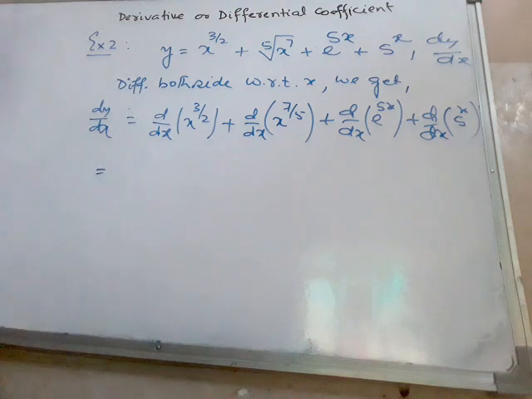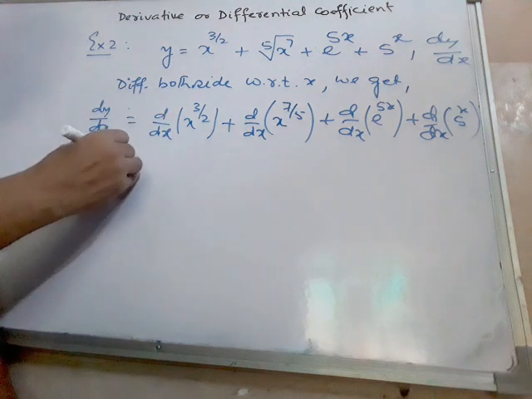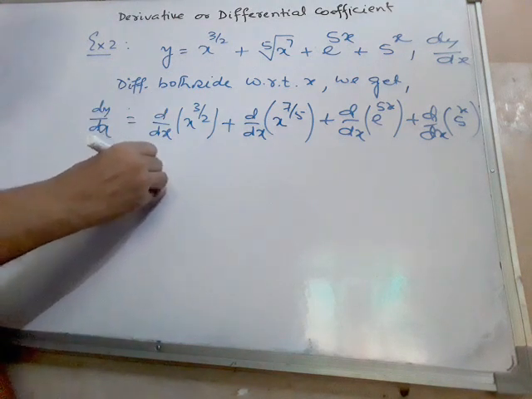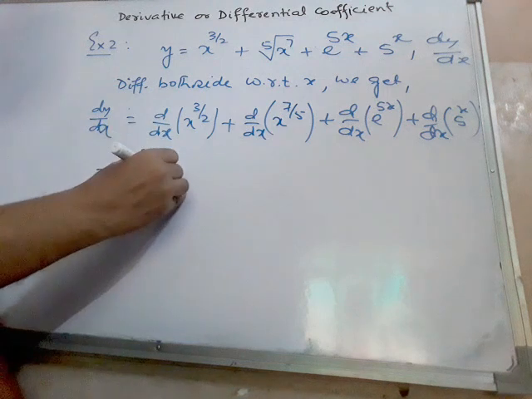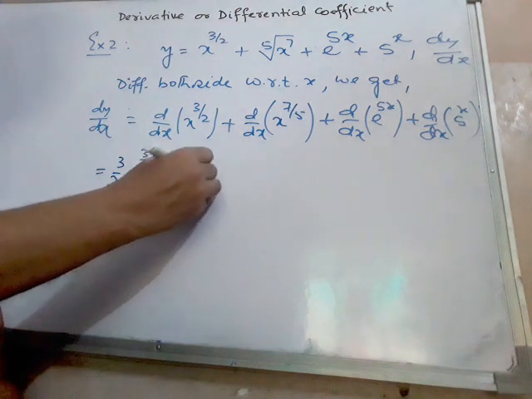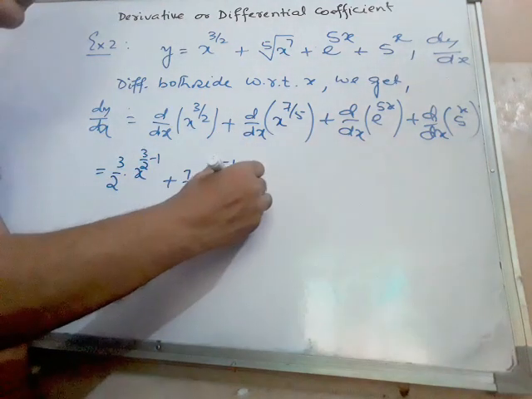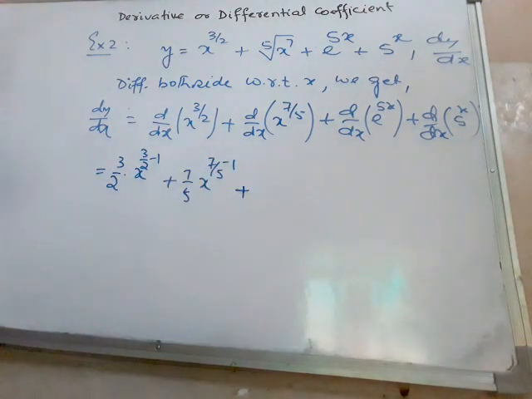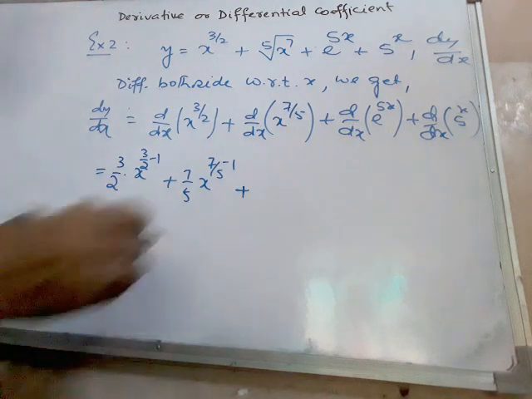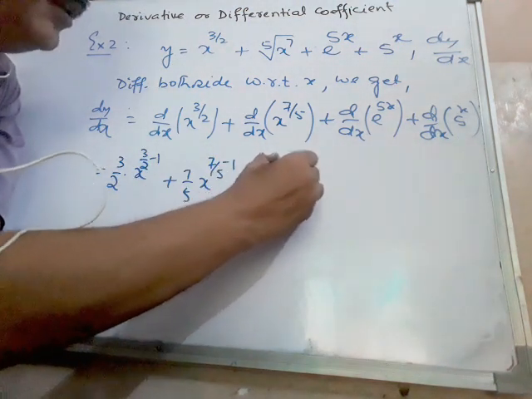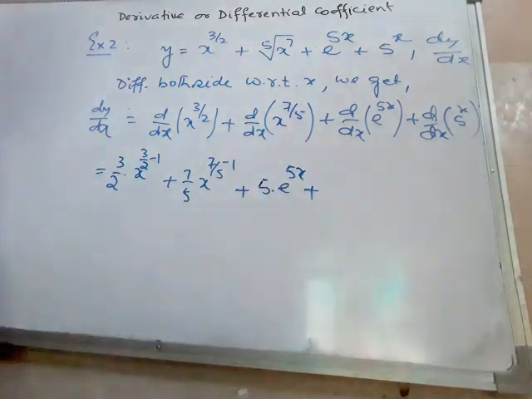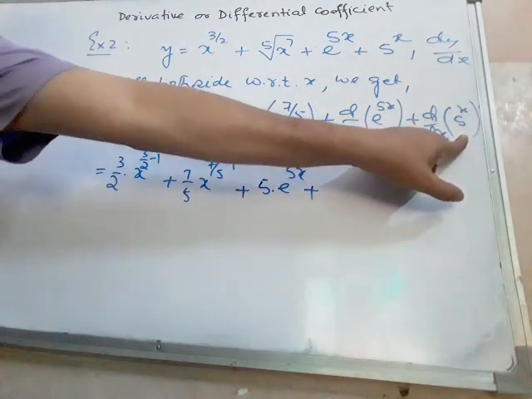Again here we have to apply the formula x to the power n. The answer is n x to the power n minus 1. So we are getting 3 by 2 x to the power 3 by 2 minus 1, and here 7 by 5 x to the power 7 by 5 minus 1. For e to the power 5x, we have a formula e to the power mx, so e to the power 5x will be 5e^5x. And 5 to the power x is not e to the power x.